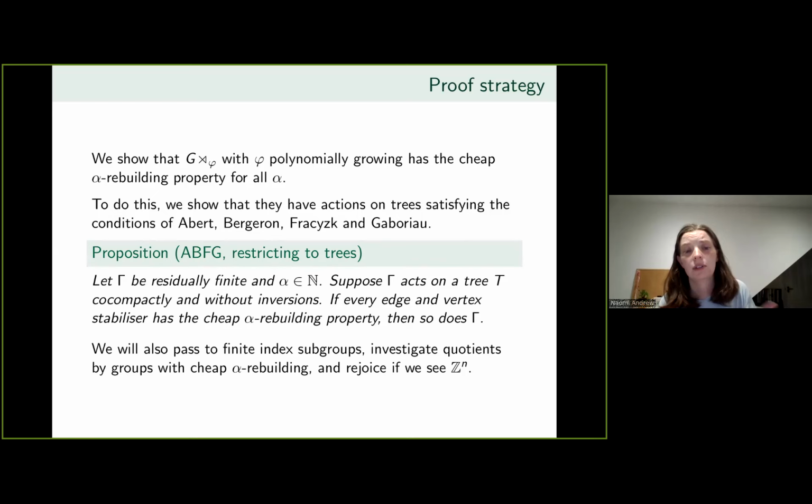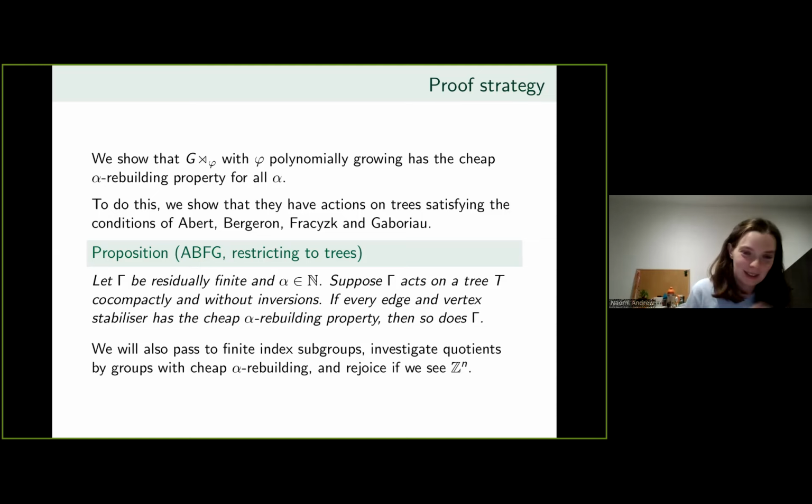So gamma is going to be residually finite, alpha some dimension. Suppose gamma acts on a tree co-compactly, so the quotient is finite, and without inversions. Subdivide every edge, it's definitely without inversions now. If every edge and vertex stabilizer has the cheap alpha rebuilding property, then so does gamma. I could have only forced edges to have alpha minus 1, but edges aren't our problem and we're going to get it for all alpha.